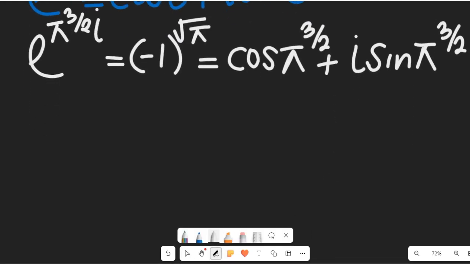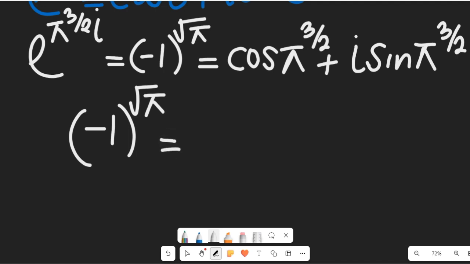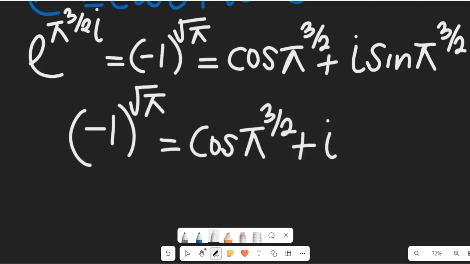So that means the value of negative 1 to the power of the square root of pi can still simply give me the cos of pi to the power of 3 divided by 2 plus i multiplying the sine of pi to the power of 3 divided by 2.